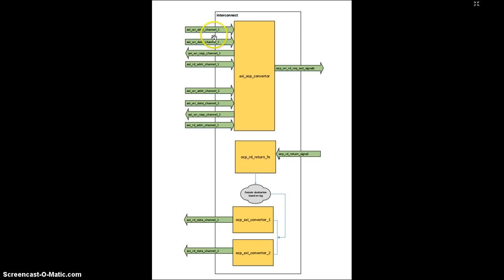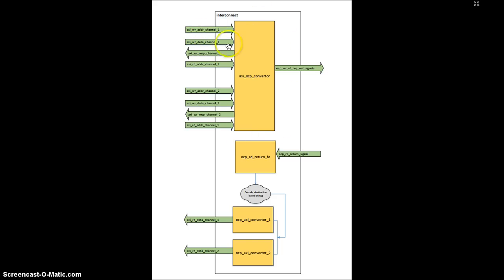You can see that there are 2 sets of AXI channels, and they have to be routed to the OCP channels, and there is an arbitration mechanism which decides which request has to go out first if there are multiple requests. Thus I have decided to write a sub module called an AXI to OCP converter, which will deal with all the inward requests coming into this interconnect and send them to the OCP channel.